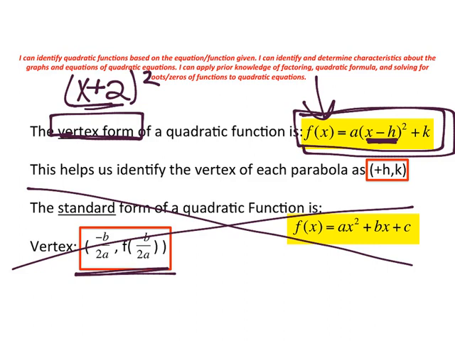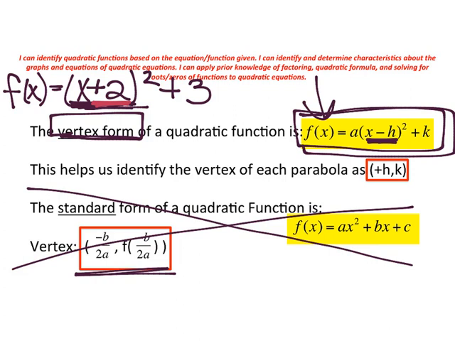Okay? So let's go back to this example, because this is kind of hard to put into words. You just have to see a visual. Let's say this was our function. This says x plus 2 squared. Well, just like our transformations would say, I need to do the opposite of this. I would go left 2 or negative 2.